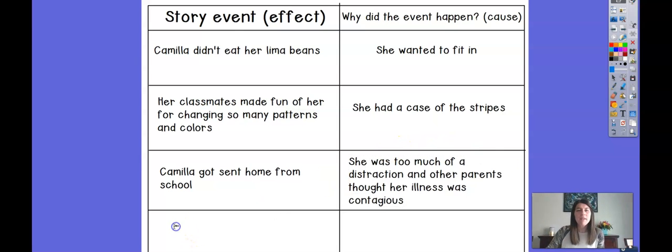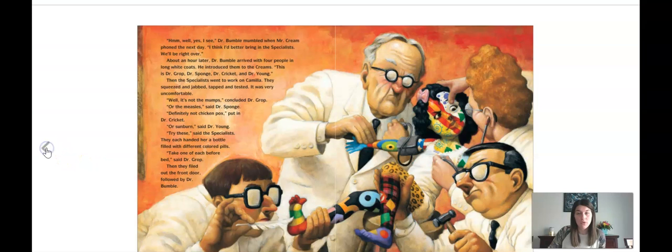Okay, what happened after that? What was another event that happened? Well, we know that she was turning into all different types of things. If we go back into the text, we know that once she was sent home, the specialists came over.